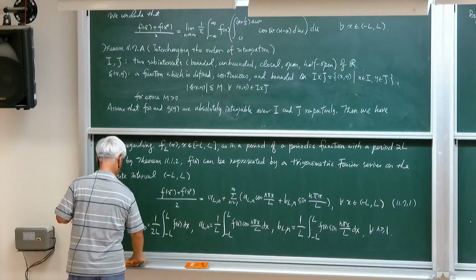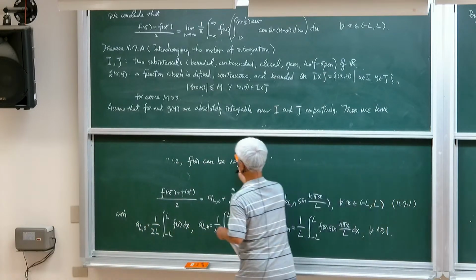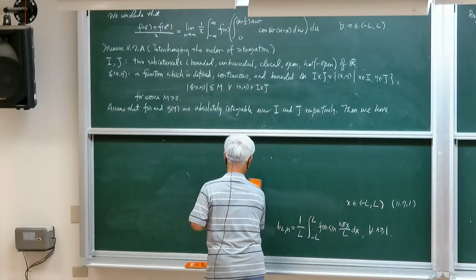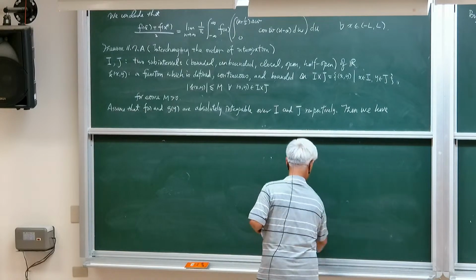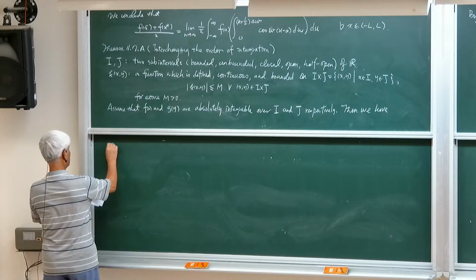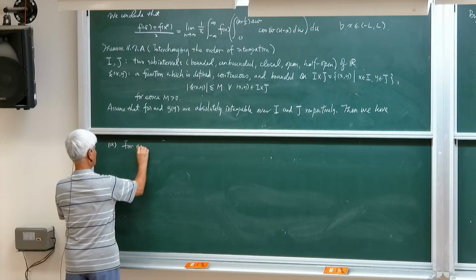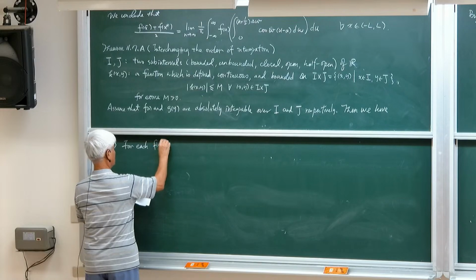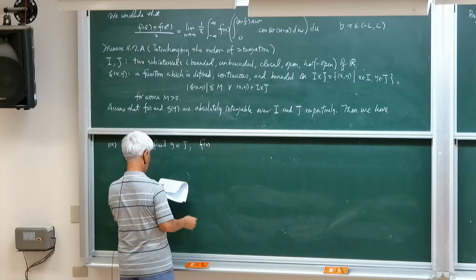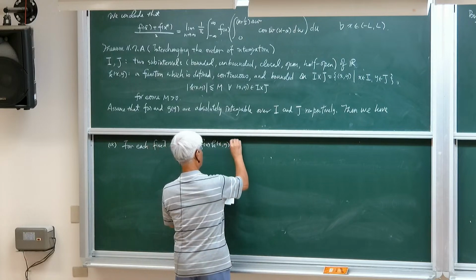So let's state here. A: for each fixed y in J, f of x times K of x,y is absolutely integrable in x.